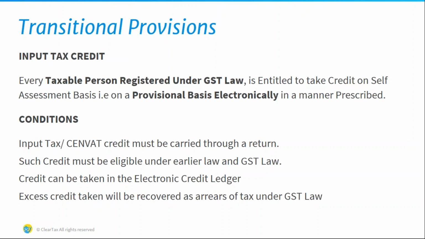And any kind of excess credit that you have availed, so there could be chances that you have availed credit on certain inventory which you have not consumed or which you are selling afterwards, such excess credit will be recovered by GSTN as arrears of tax. So that is the high-level transition provisions for goods and existing services.